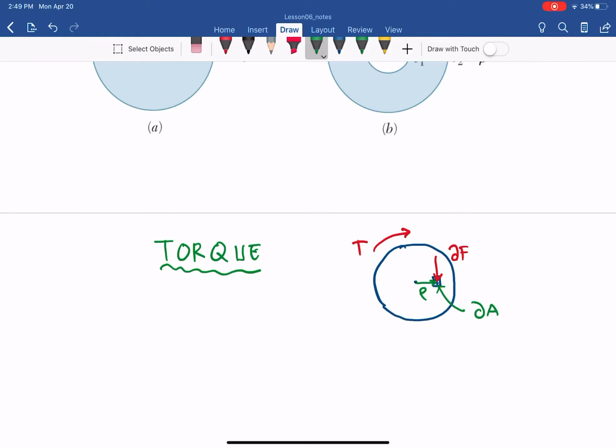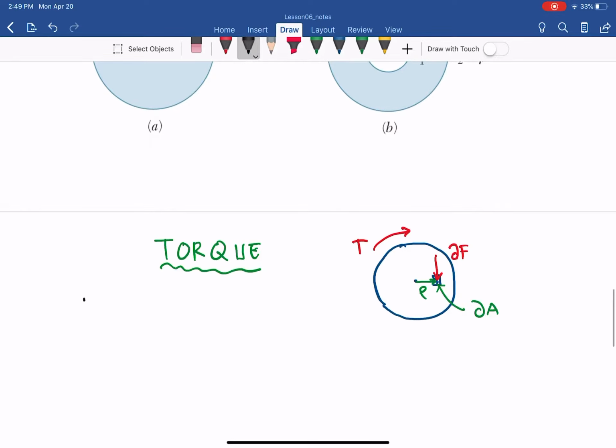So from that, what is the torque that we can have? Basically, the resistance torque equals the integral of the moment of dF about the center, and it will be the force times the radius, the moment arm, right?